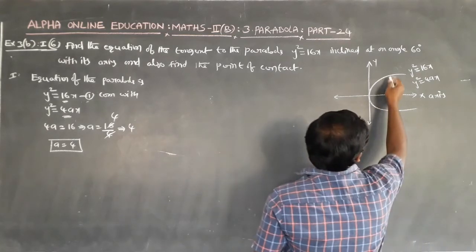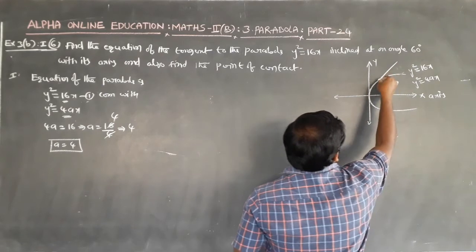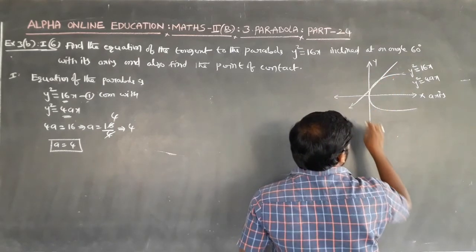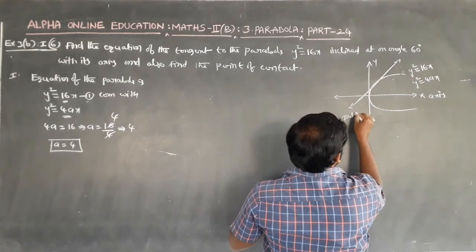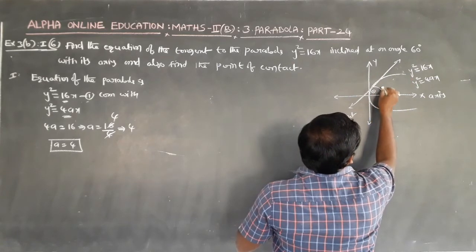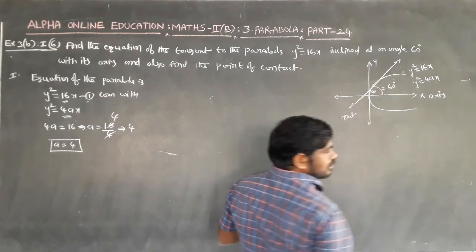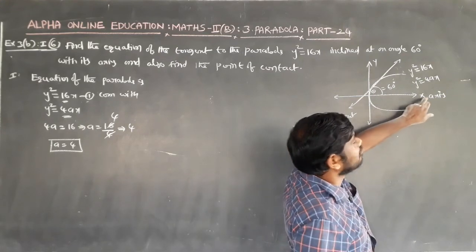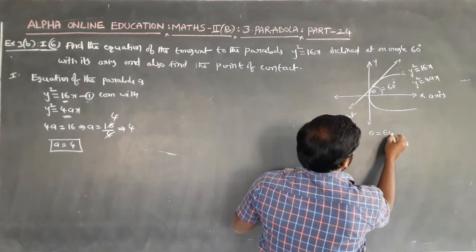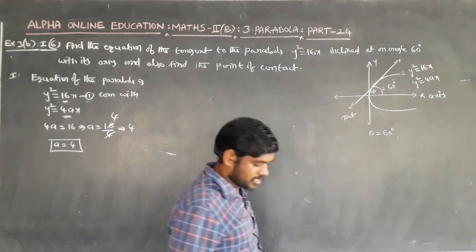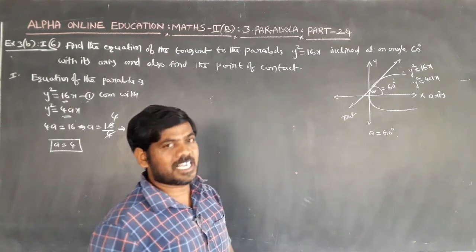Here find the equation of the tangent to the parabola that makes an angle 60 degrees with its axis. Here theta is equal to 60 degrees. Axis means here x-axis.